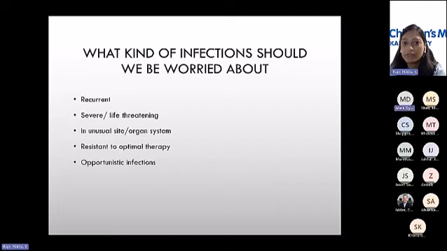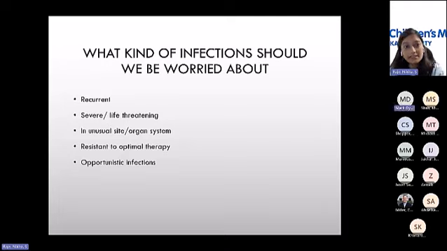A simple virus shouldn't be causing septic shock or ICU admission, but some of our patients do show up in these conditions, where a life-threatening infection can draw attention. If the infection is in an unusual site, even a single infection like a liver abscess or meningitis can draw our attention to those not so common infections where we should be worried about some underlying cause.